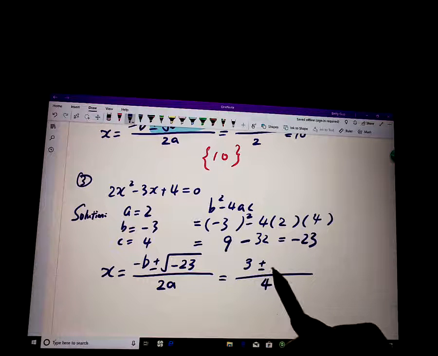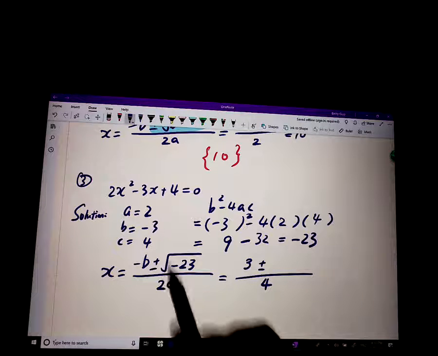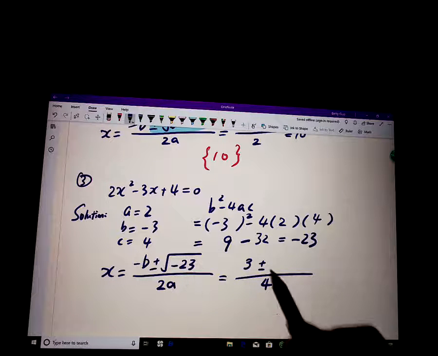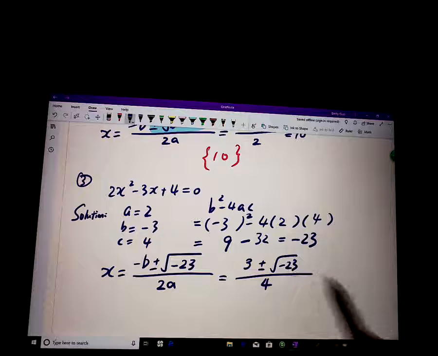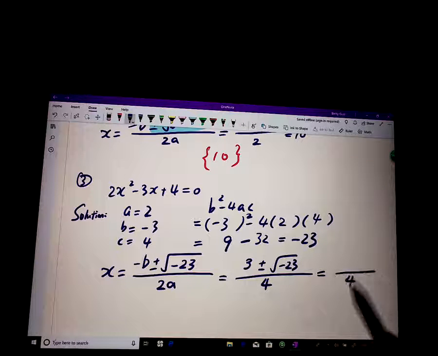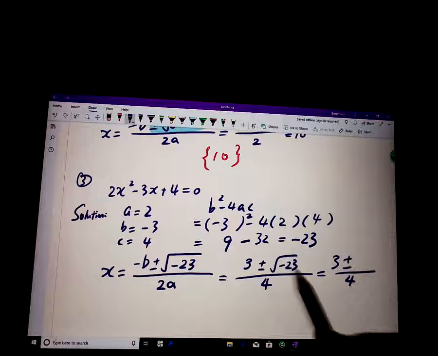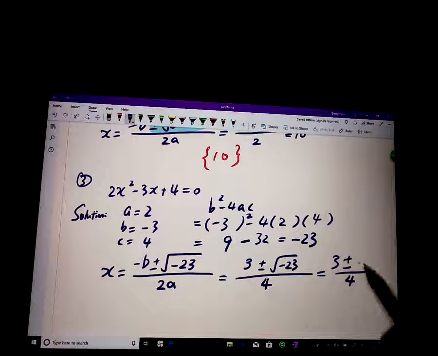Plus or minus. How do we rewrite the square root of negative 23? Let me write it here again. How do we rewrite this part? Yes, you know that. We have those covered last week, right? It is a positive square root 23i. Okay?